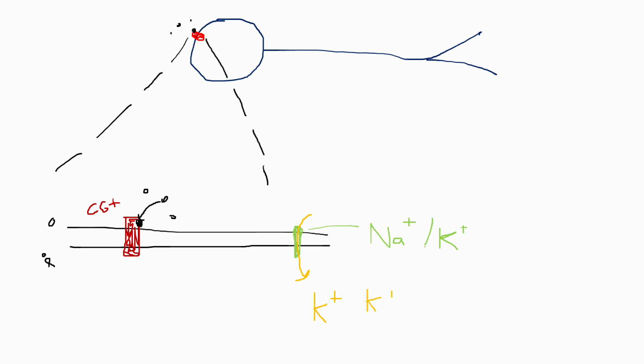So we're moving it against its gradient, right? And concentrating potassium inside the cell. Well, simultaneously we are moving sodium out of our cell and concentrating it out here. When we bind this chemically gated cation channel, the overall effect is that sodium is able to move back down its concentration gradient into our neuron.